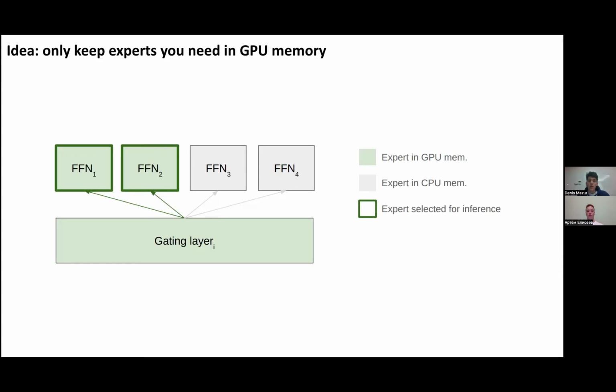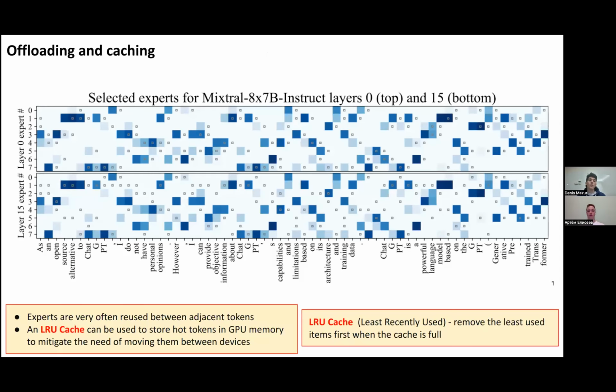So we need to find a way to optimize that. Well, we want to offload and unload as little as possible. Turns out it is possible in mixture of experts.